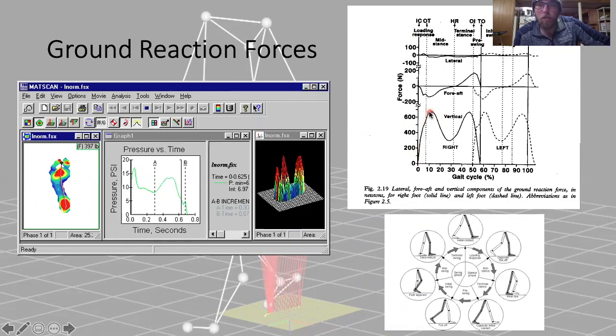You get a huge vertical ground reaction force, and then some force absorption that's happening as you start to rock over into that single support with your right leg, right? And then we come up to toe off, big force absorption, and then we are swinging this leg, so obviously there's not a lot of force happening in the force plate, and then we come back over to the left leg, and it goes through the same cycle.